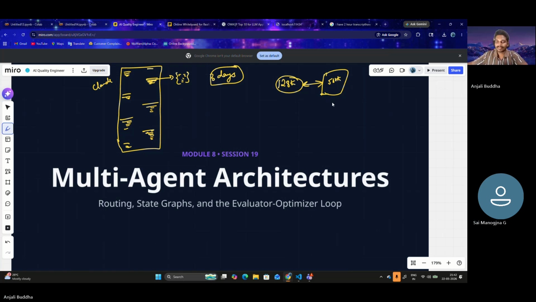So the model's restriction is still 120k tokens.